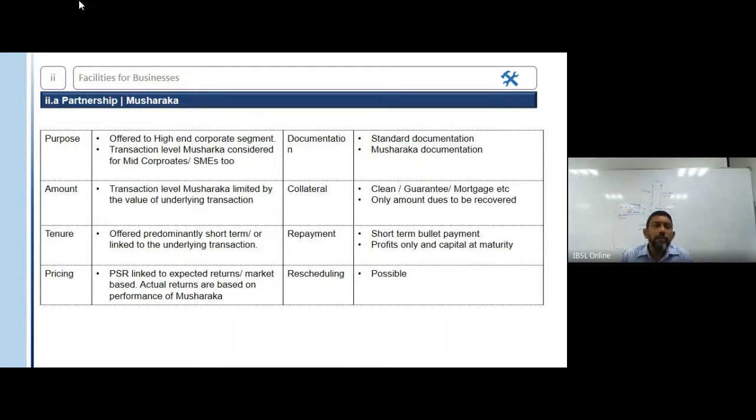When it comes to mid corporates or SMEs, it becomes a little more difficult to establish profits. As such, instead of an organizational profit, Islamic banks move into transactional profit. For a particular transaction, you take the purchase price and the sales price and establish the difference.